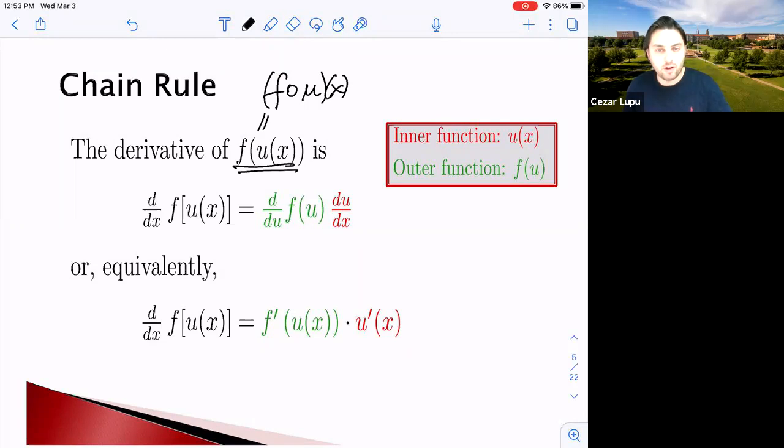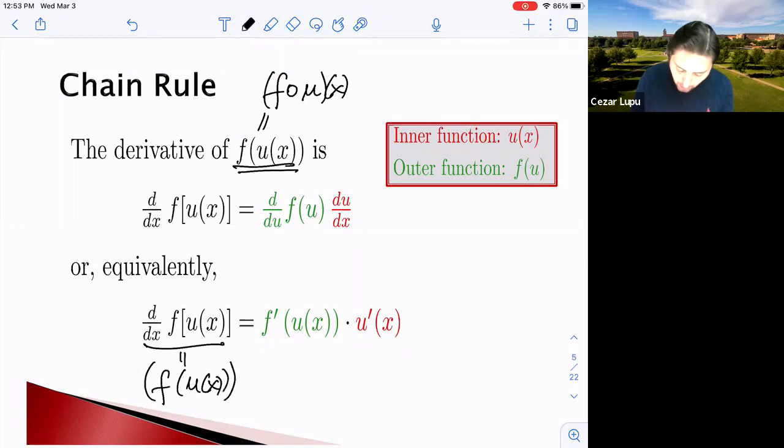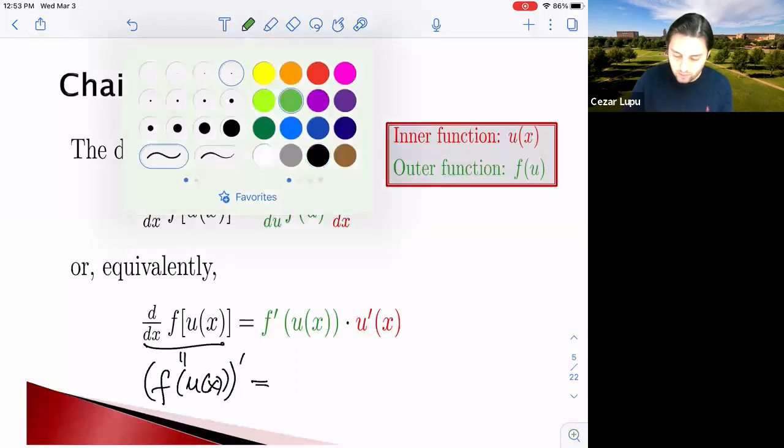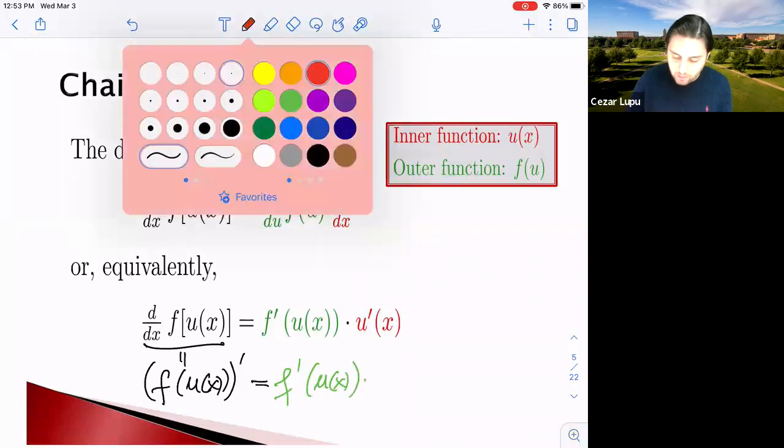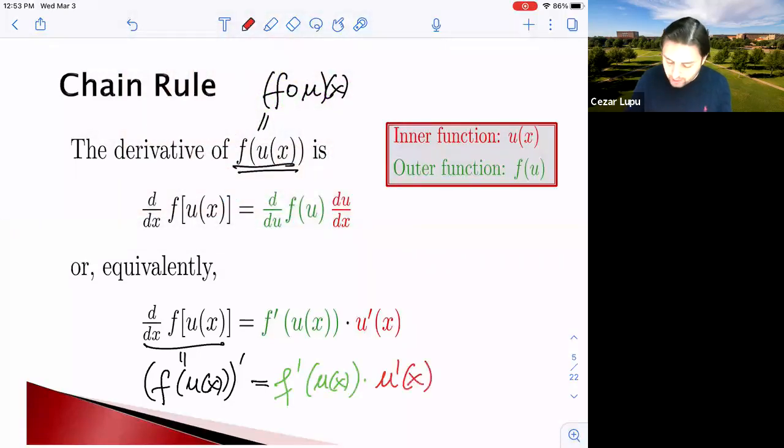So keep in mind that this inner function, u of x, is a function of x. Or equivalently, I can write this as f of u of x, everything prime. This will be nothing else than f prime of u of x times u prime of x. That's the rule.